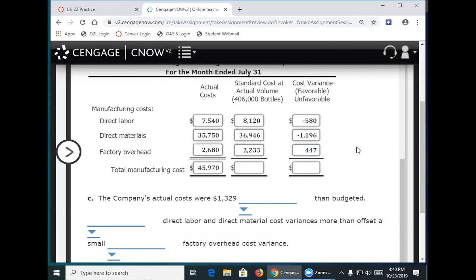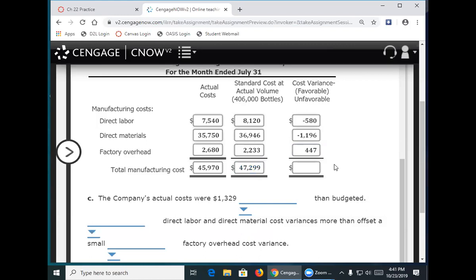So to figure out my total variance, of course, I could just add up my total standard cost of the actual production, which is 47,299. And then you can calculate your total variance by either adding up your negatives and adding in that 447, or just calculating the difference between the two totals.